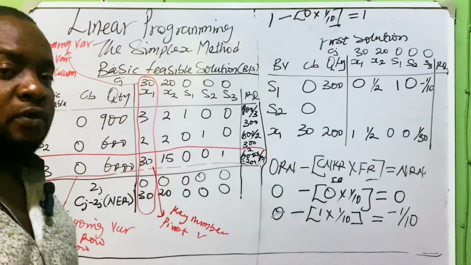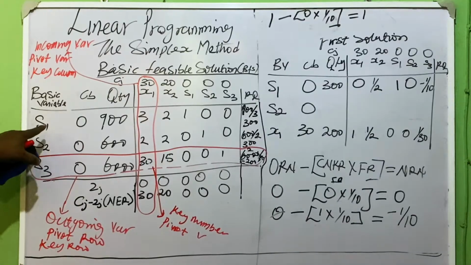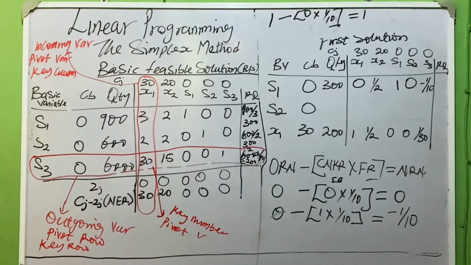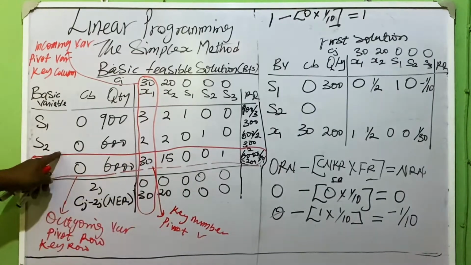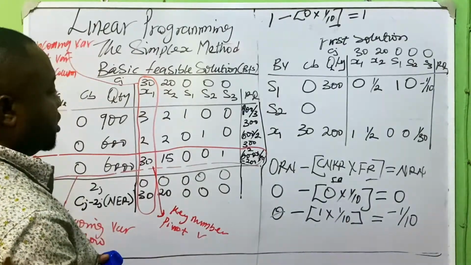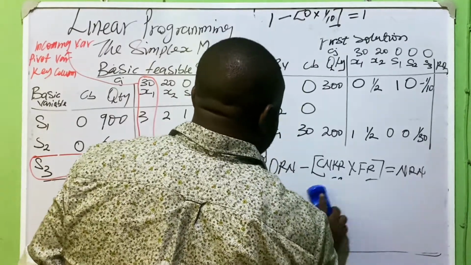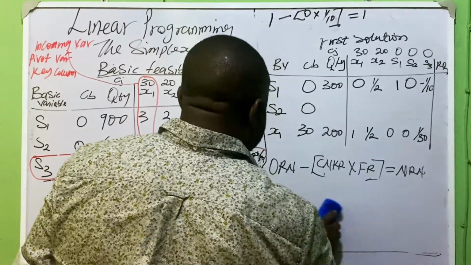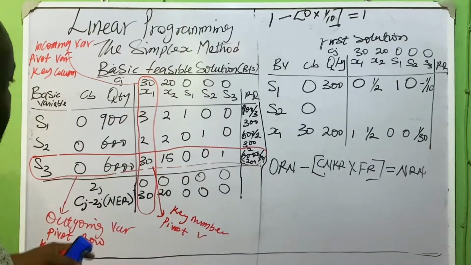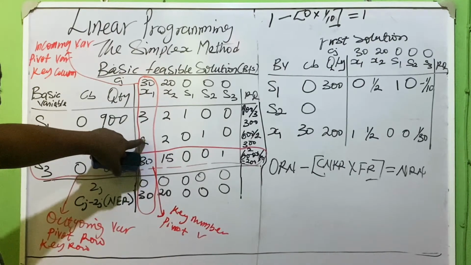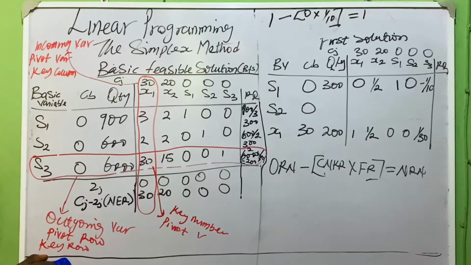So that's how to transform non-basic, non-pivot rows. We're going to use that same method and that same formula to quickly transform S2 and reevaluate. The first thing is to determine our fixed ratio for transformation of row S2. As said earlier, it is the corresponding value in the key column divided by the key number.